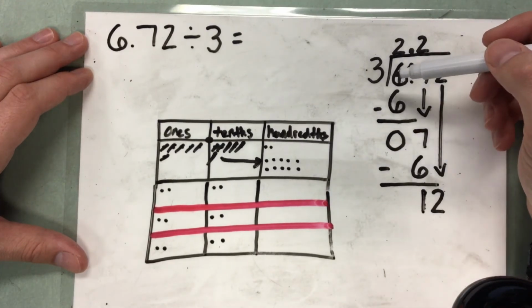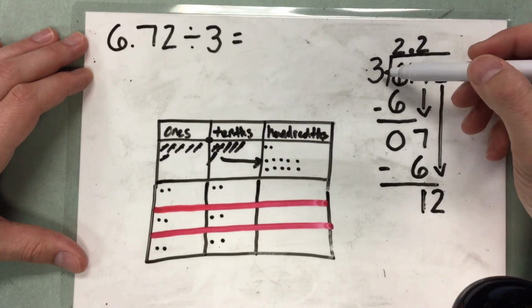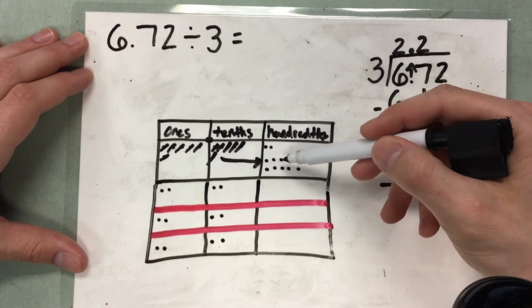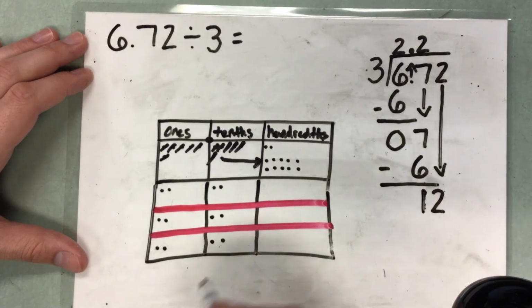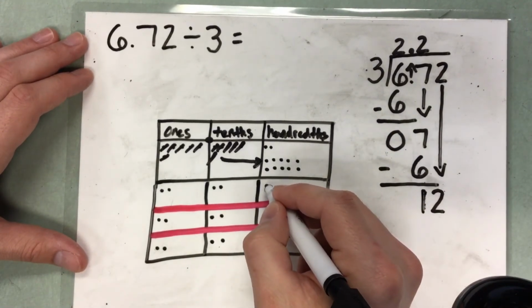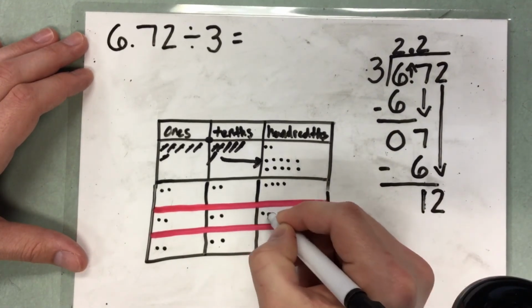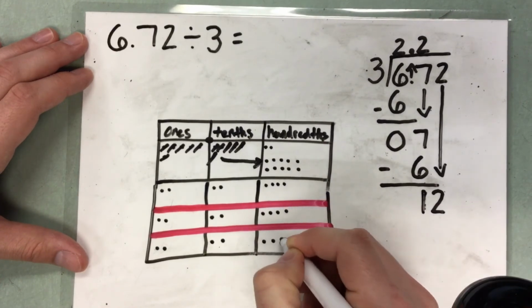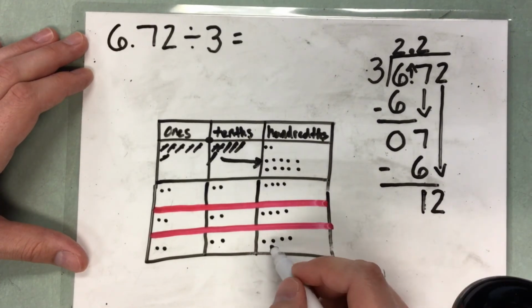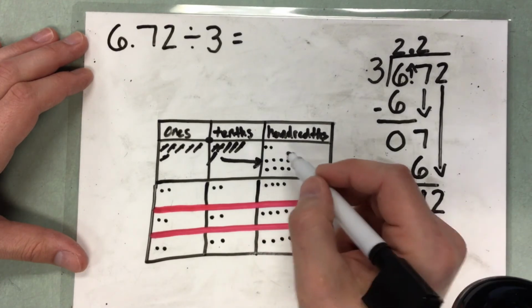So now we're just going to move on and say 12 divided by 3. And right here, 12 will go into 3 groups how many times? Each group will get 4 hundredths. So 3 groups of 4 would give me 12.